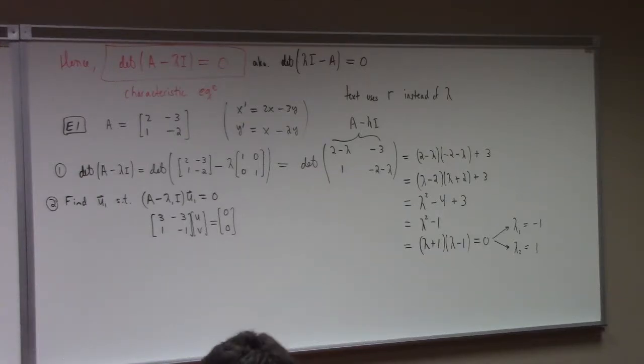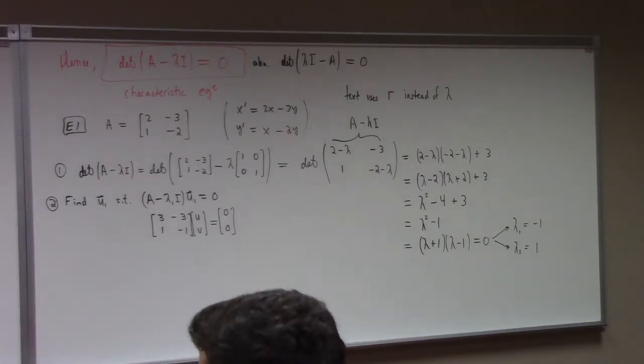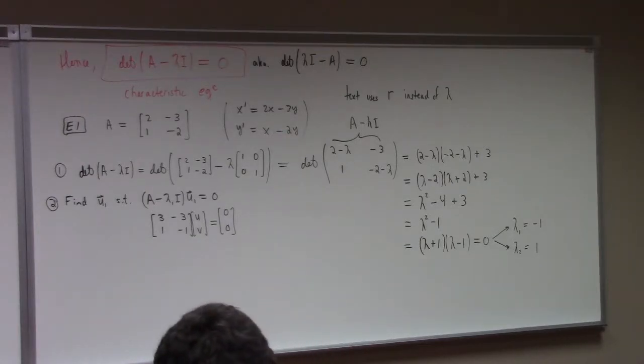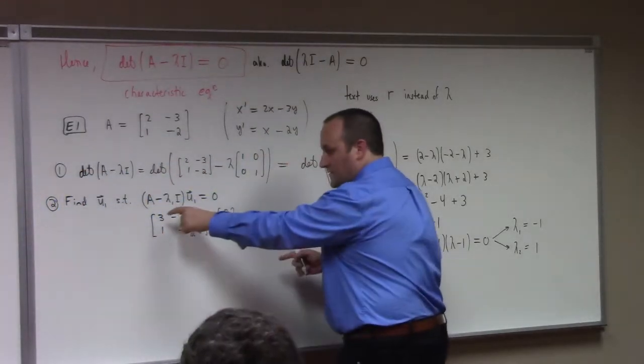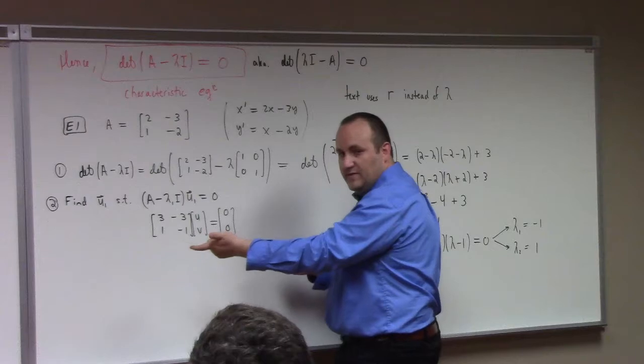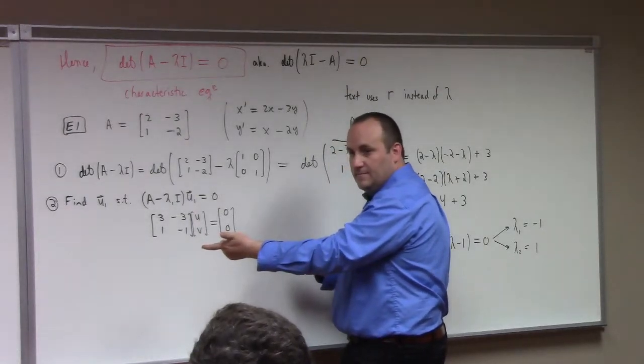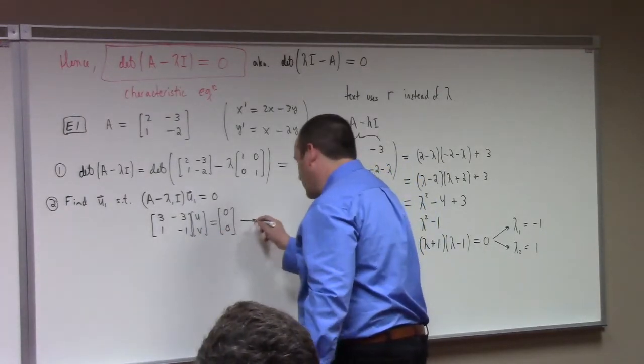If you did this right, you cannot get distinct equations for the 2x2 case. Because if you got distinct equations, we'd be back to just crossing at the origin, which would be a unique solution of 0, which is not what we want. The eigenvector must be non-zero. But you see here, good news, right? The first row and the second row, they're the same silly equation, aren't they? So you can just pick whichever one you like.